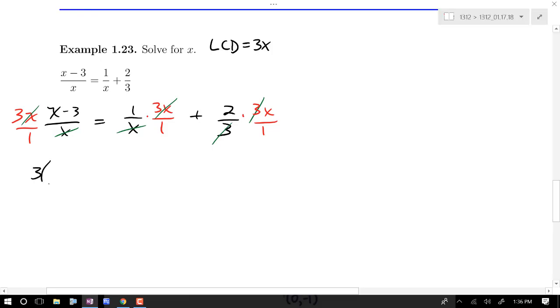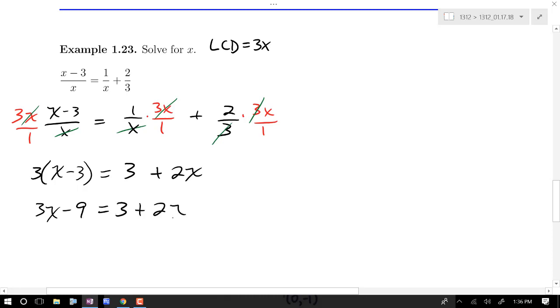And so we have 3 times x minus 3 equals 3 plus 2x. And another linear equation that we totally know how to solve. Distribute the 3. You can subtract 2x from both sides and add 9 to both sides.